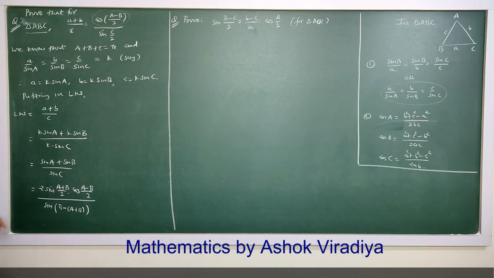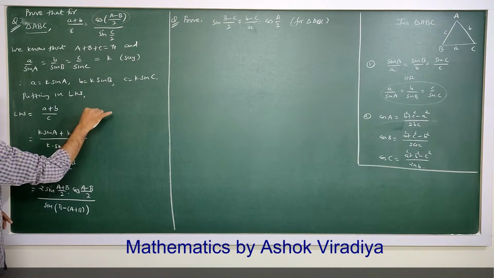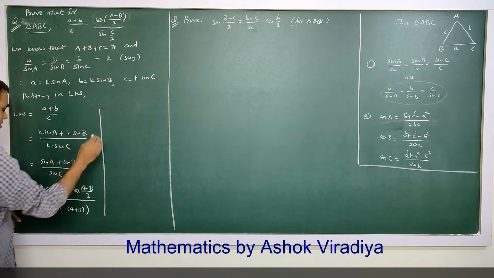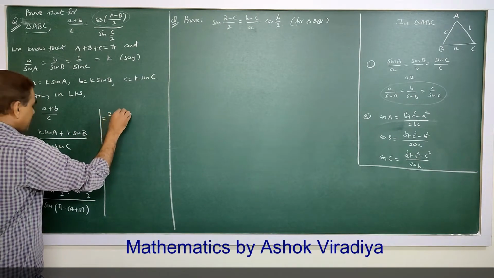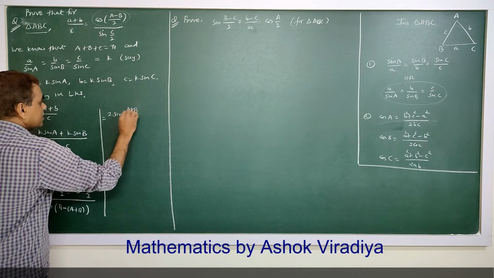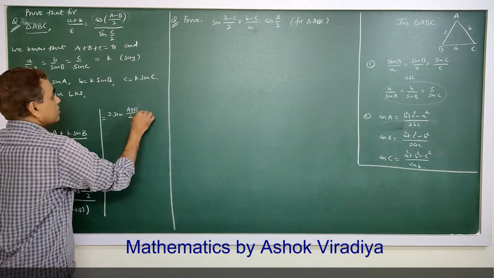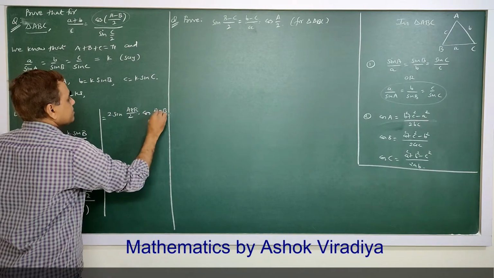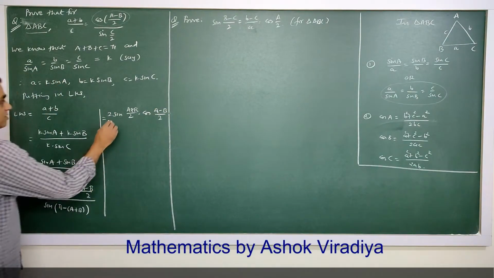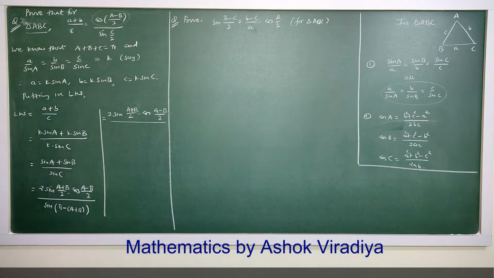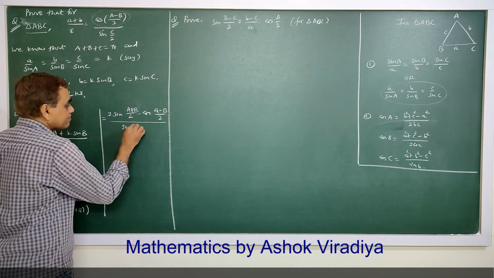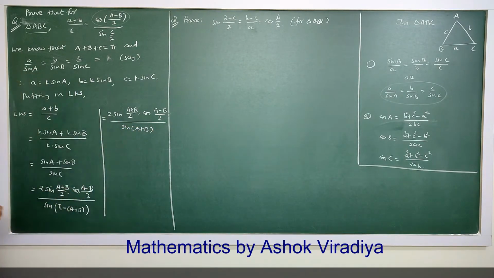So now this is equal to 2 times sine of (A plus B) by 2 cos of (A minus B) by 2 upon, now sine of (pi minus theta) is sine theta.